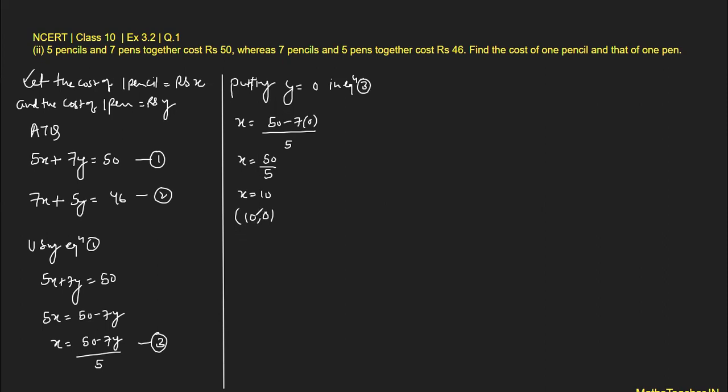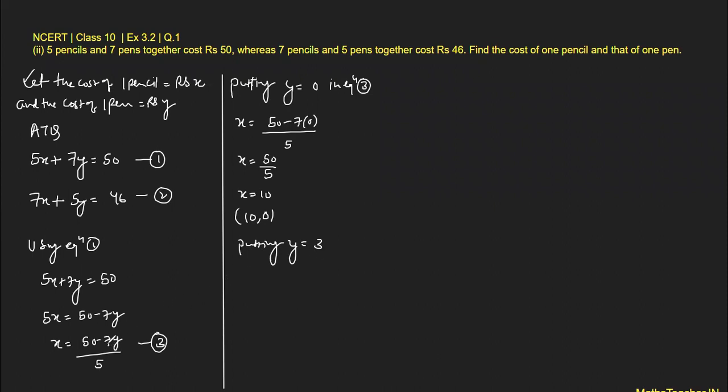Now let's find out the next solution. Let's put another value of Y so that the number 50 minus 7Y, after solving, should be divisible by 5. Let's put Y equal to 3.